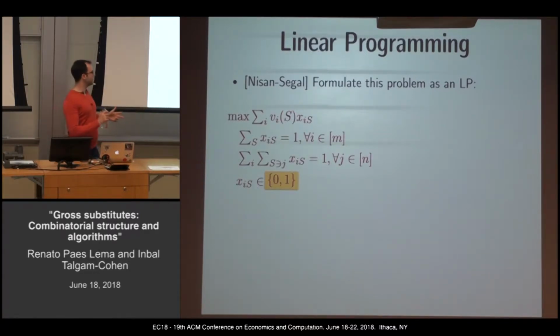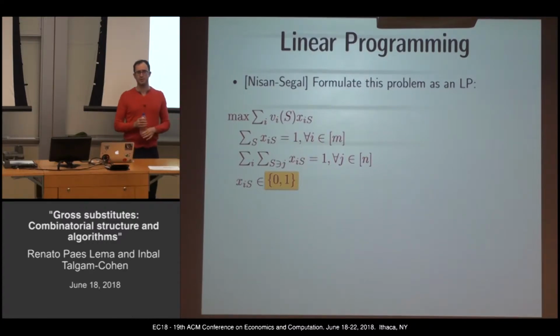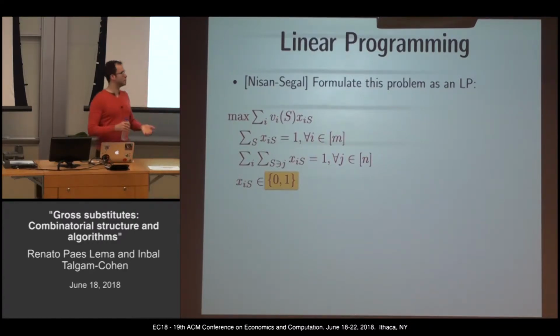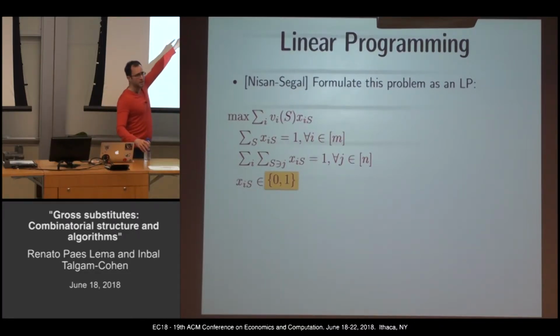The first thing you face, mostly when you solve a problem, is to try to write a linear program about it, or rather, try to write an integer program and then relax. So here's a natural formulation. You put some variables x_iS, which means that agent i acquires a bundle S of goods.